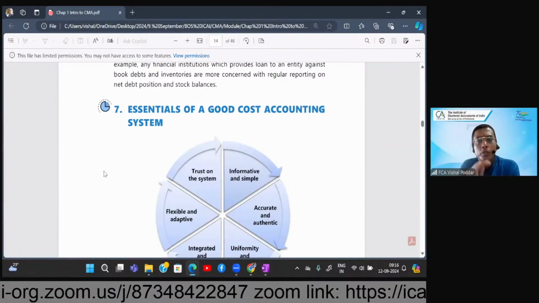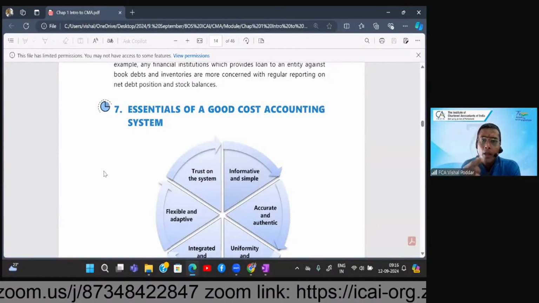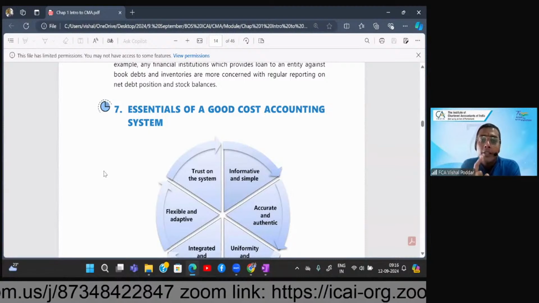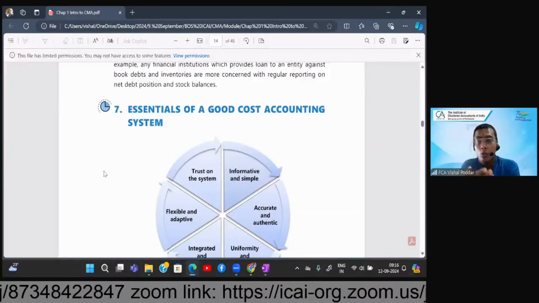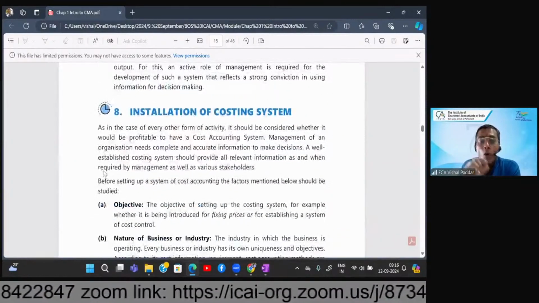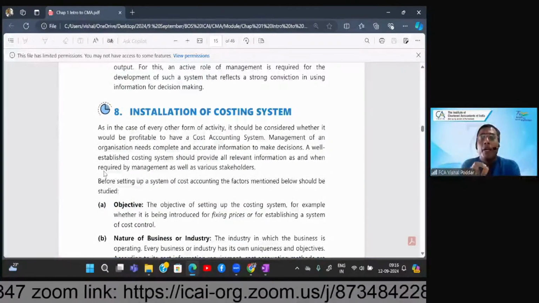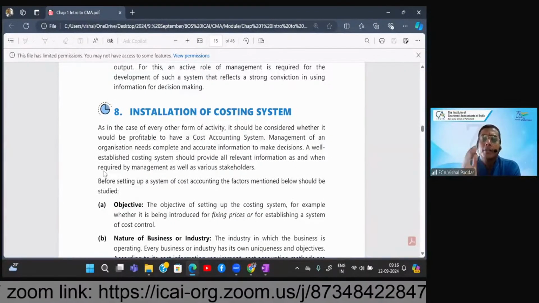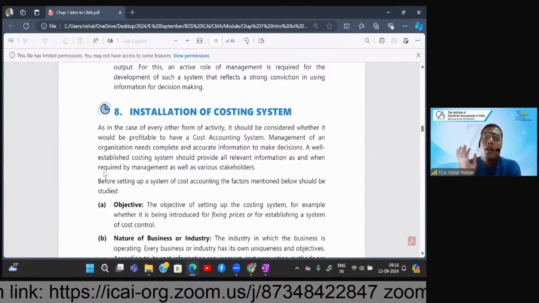Now, when I want to start this, there are two questions to be answered. One, what are the qualities that should be present in this system so that my system is good, it is useful? And the second question is, what are the points I need to keep in mind before I start this system? Now, this may sound technical, but I'll give you a very simple real life example.